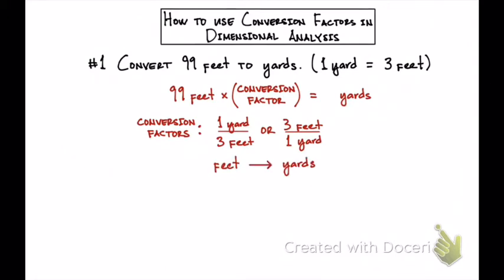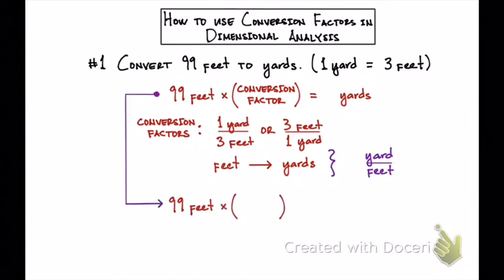Well, we're going from feet to yards, and so the unit that we want is yards, right? And it has to be in the numerator so that the feet can cancel out. And so yard has to be up top in the numerator and feet at the bottom. So always remember, the unit that you want in the end has to be in the numerator.